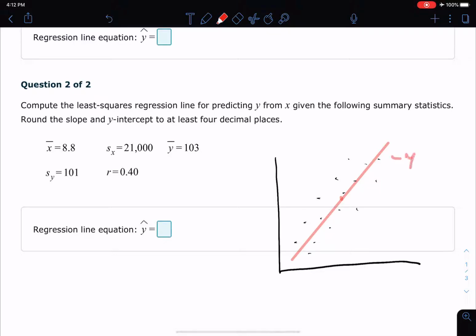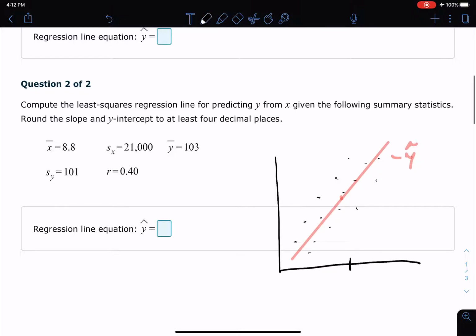This line is called y hat, and it's a predictive line. Because if I wanted to find out what's going on in my data, like right there, I can go up and see the point right there. In that case, my predictive line is off by quite a bit.